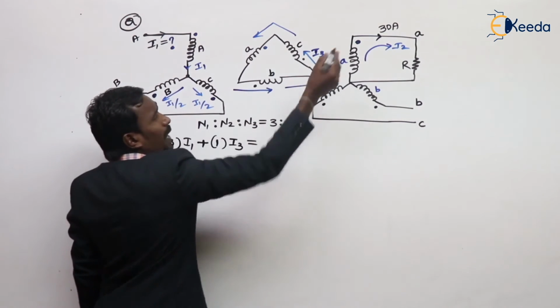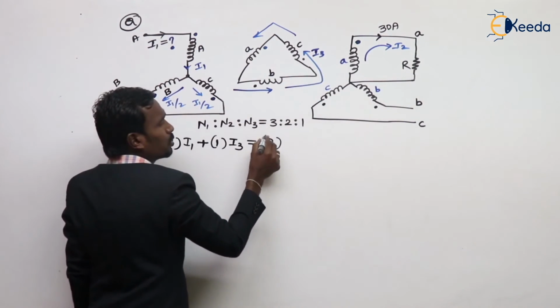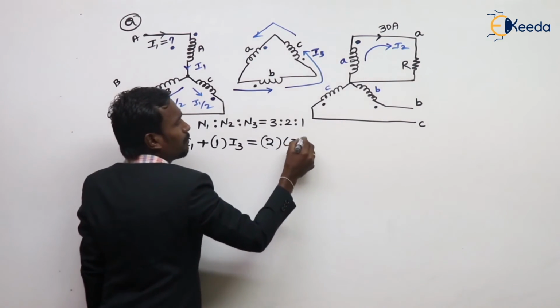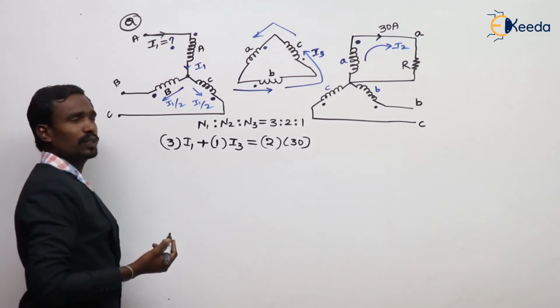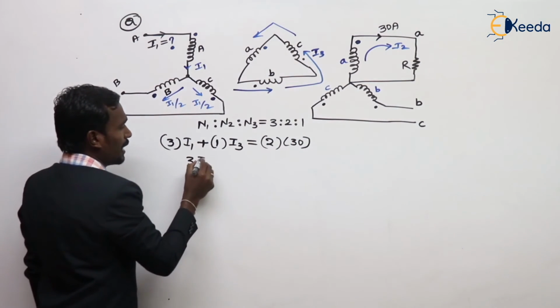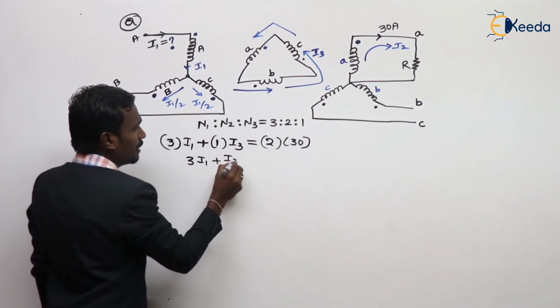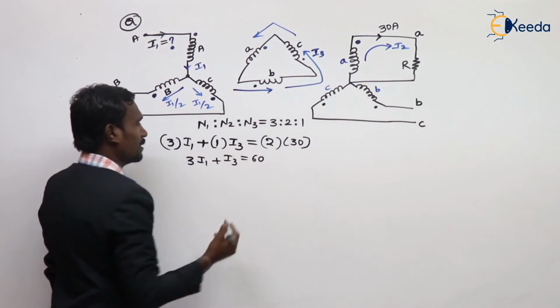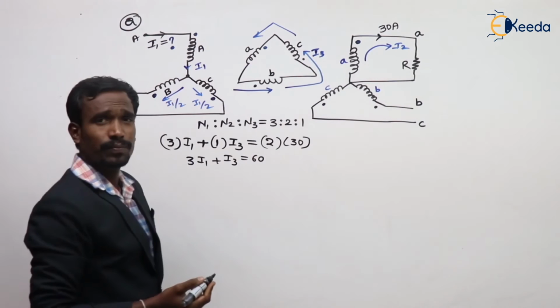N2 is 2 and I2 is 30 amperes. So 3 I1 plus I3 is equal to 60 amperes, the first equation.